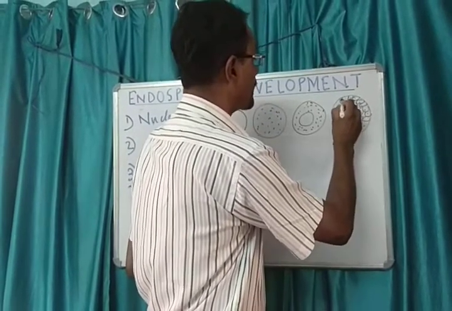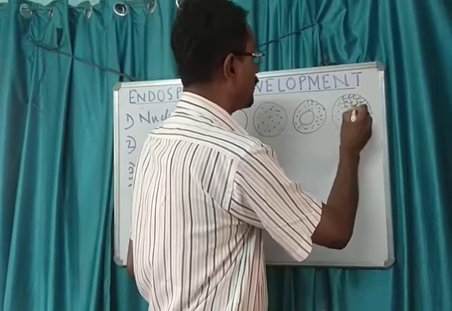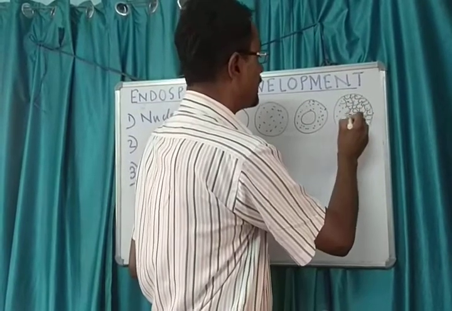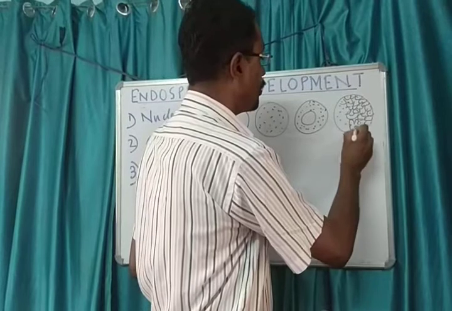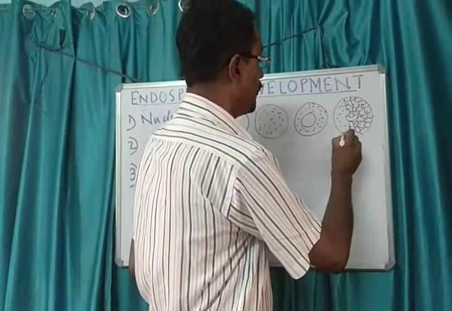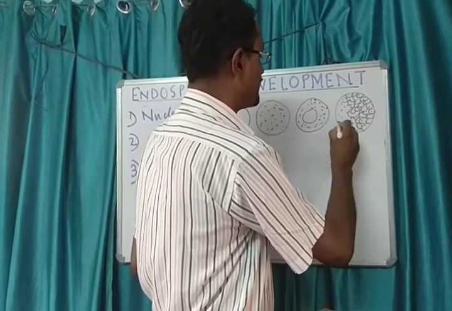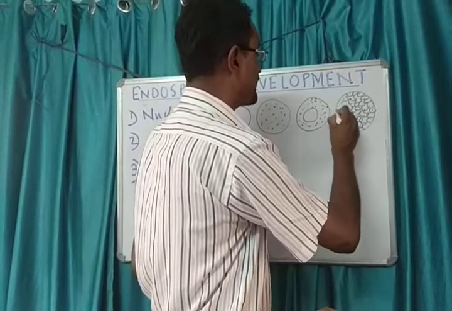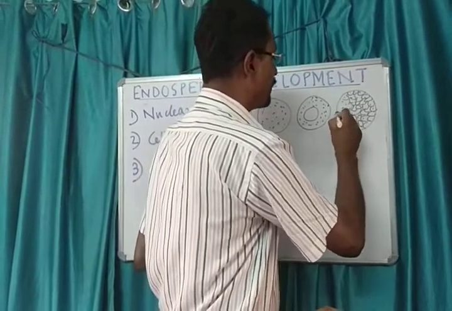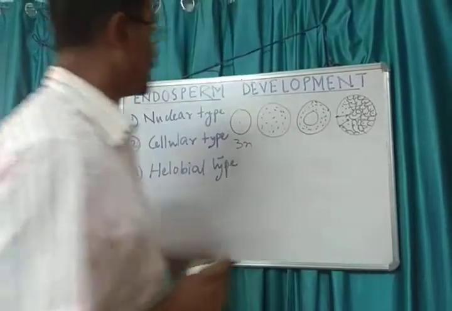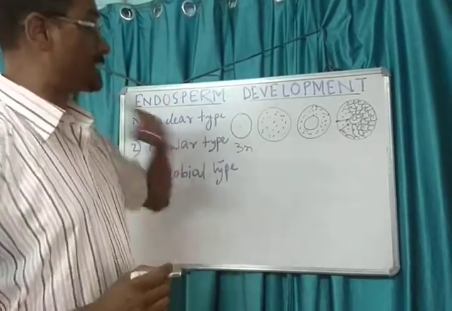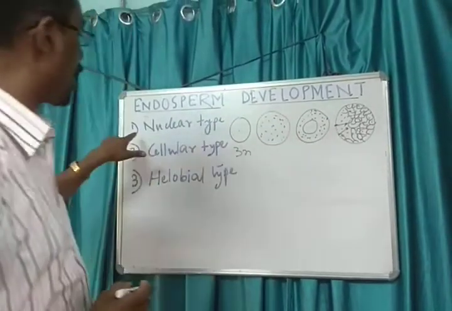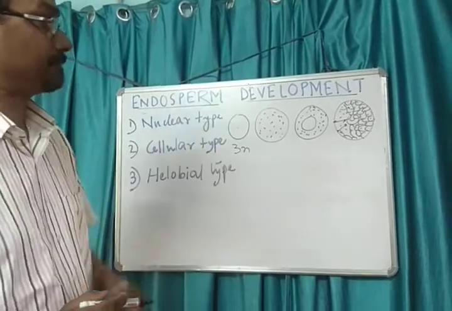Gradually, it will cover the whole part, and ultimately the vacuole also will not be there. Like this it goes, from the periphery towards the center. This type of development of the endosperm is called nuclear type.